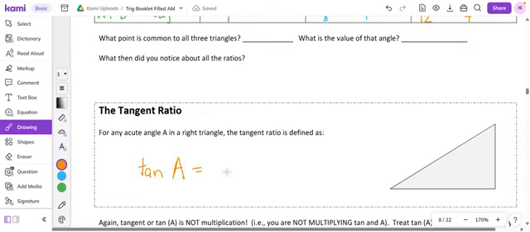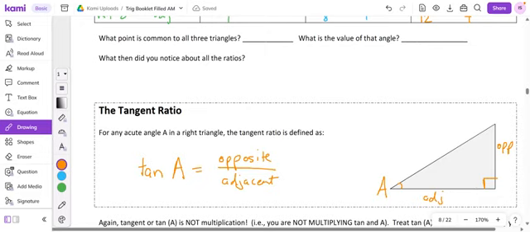So tan of A is opposite over adjacent. And if we label this angle as our angle A, it's going to be opposite over adjacent.